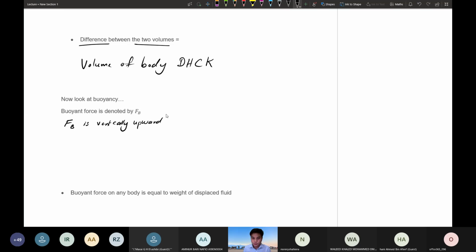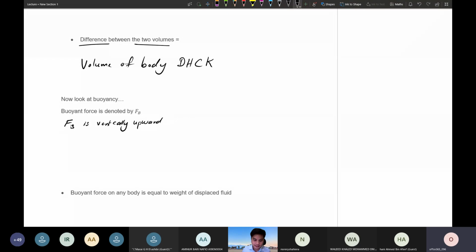Because once you immerse a body, you will realize that this body will float. Floating because of what? Everyone, when you try to immerse an object into the water, what do you realize? The water comes out, and then it may be floating. We have buoyancy force.